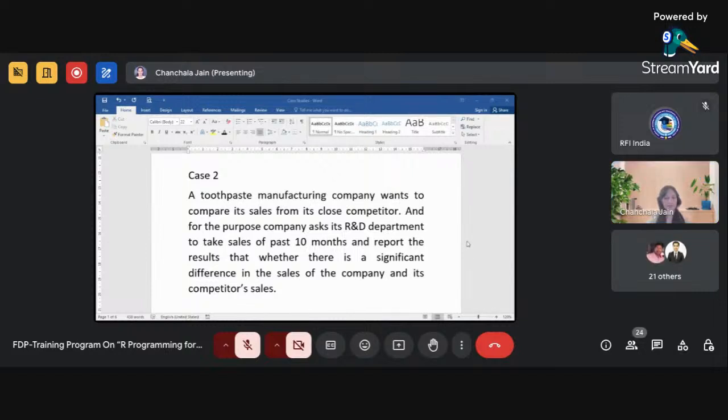Yes, madam. Here we can apply chi-square test. Chi-square, sir? Chi-square test. Okay, I think two opinions. Shreya ma'am said it's dependent samples t-test. Abdul sir said it's chi-square test. Any other opinion?